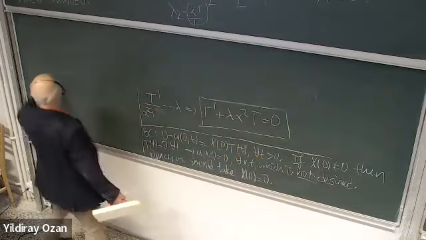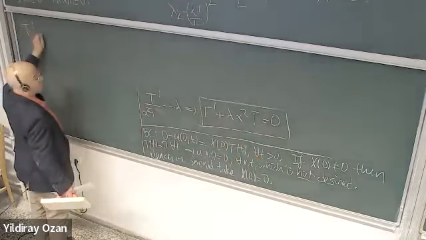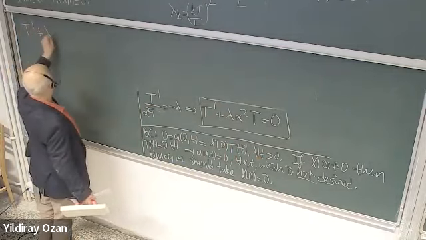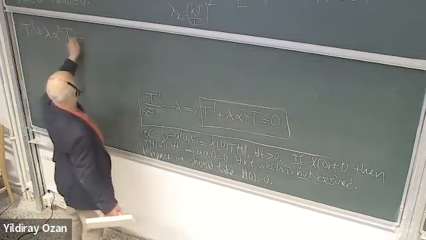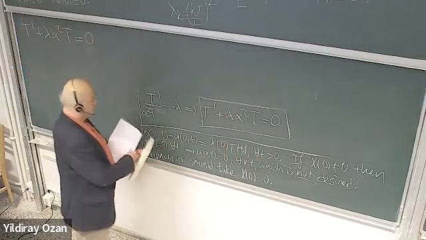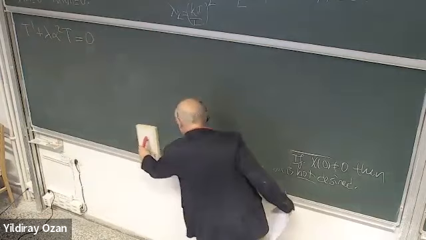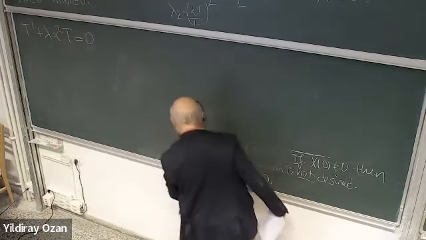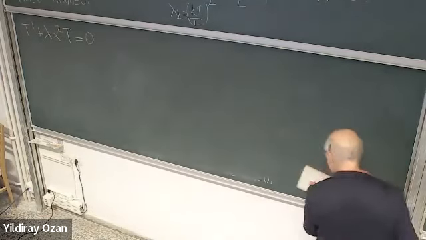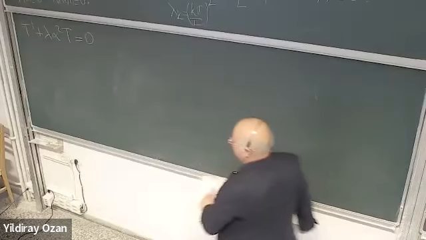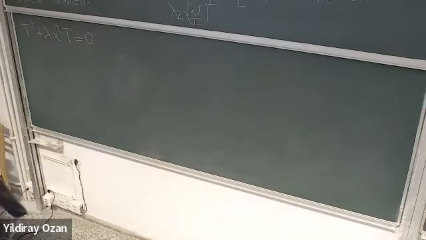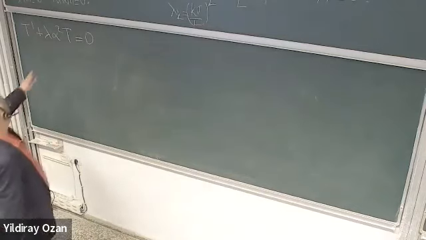It is this one: T prime plus lambda alpha squared T equals 0. And what is lambda?